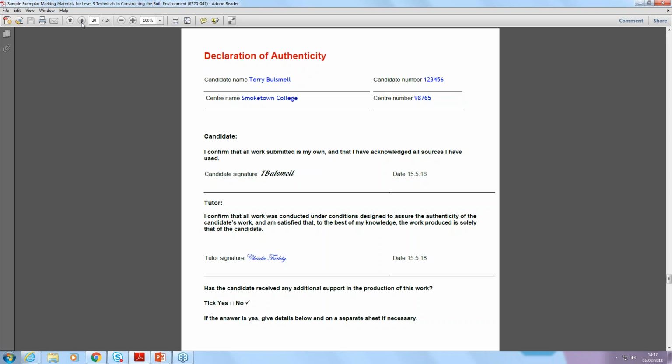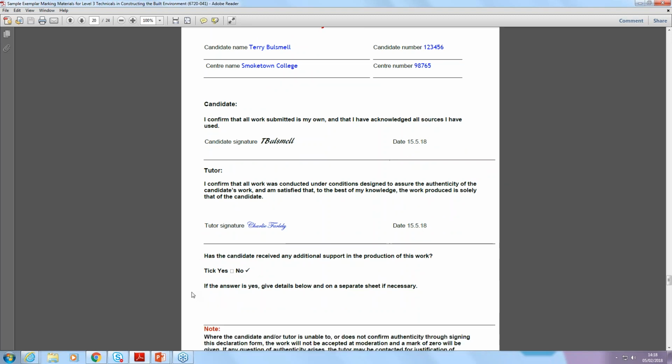There should be one for every learner, but we only need to see the Declaration of Authenticity for the learners whose evidence are submitted as part of the moderation sample. And what you can see on here is that you have the candidate details, and this is where the candidate confirms that the work that is being submitted is their own work, and then the tutor will confirm that. There's a box at the bottom which will ask you to highlight whether there's any additional support that's been given to that learner in the production of this work.